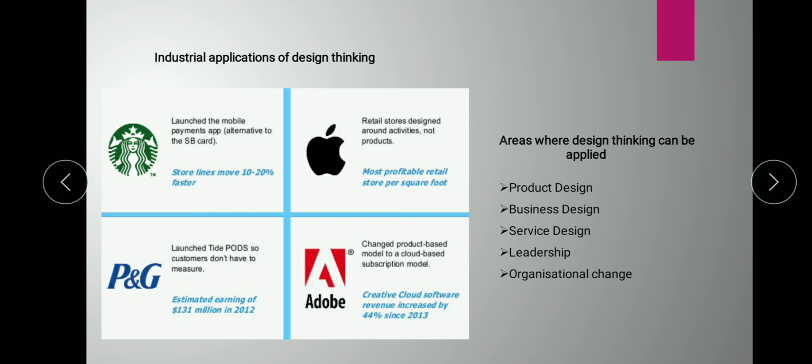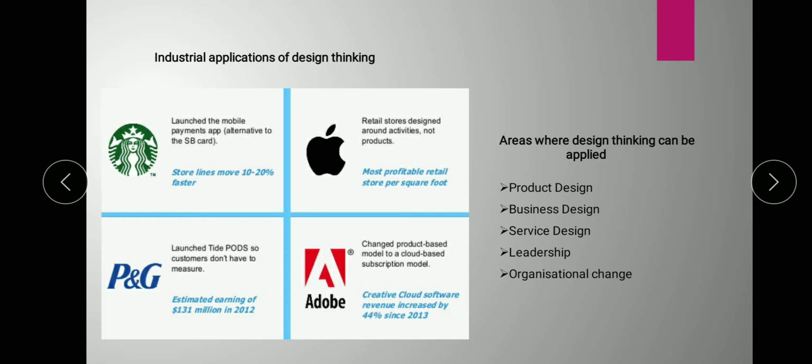That was the initial stage of Adobe, but then they changed to a cloud-based service model, a subscription model, so that you can get the subscription online. That was a really good innovative solution by Adobe, so that people need not go to the shop to buy the subscription.